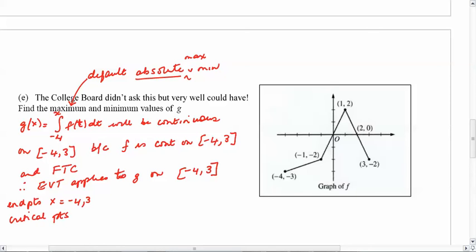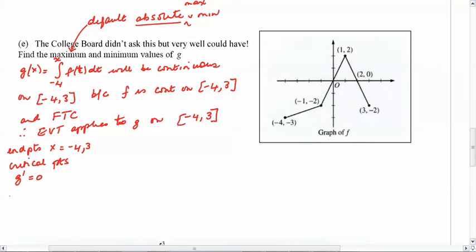Critical points for G are where G prime equals 0 or G prime doesn't exist. All right, remember what we put in a cloud on the previous page. We put down the relationship that G prime is the same as F and G double prime is the same as F prime. So I'll copy that onto this page.